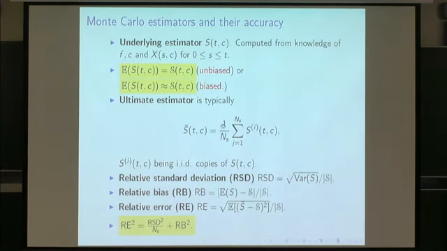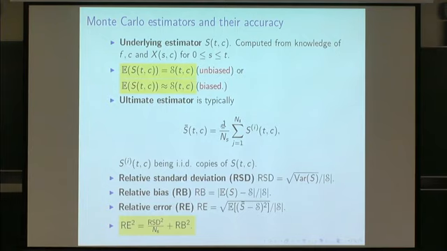Okay, so the Monte Carlo estimation. All the methods I'm going to mention depend on computing what I call an underlying estimator, which can be computed from the knowledge of this function f, the parameter c, as well as the trajectory up to time t.